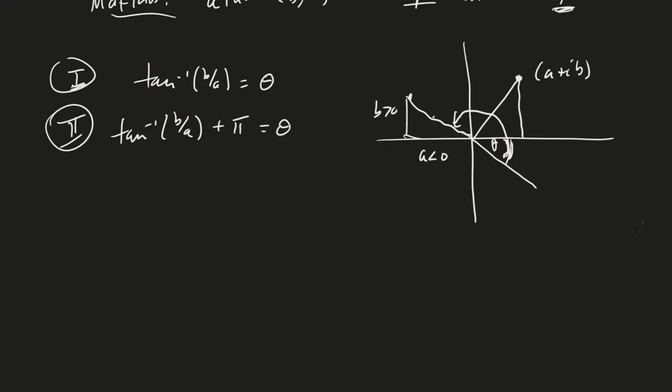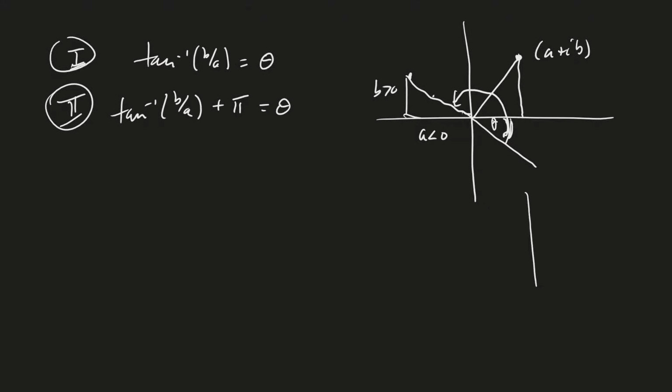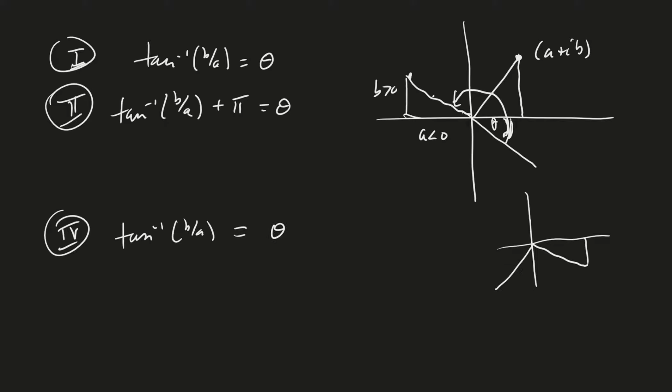Similarly, if you're in quadrant 4 to begin with, then you don't have to worry. Theta is just the inverse tangent. But what happens if you're in quadrant 3? Your calculator would give you this angle. To get the angle you could add pi, but because we said we wanted angles between minus pi and pi, we would subtract pi here.